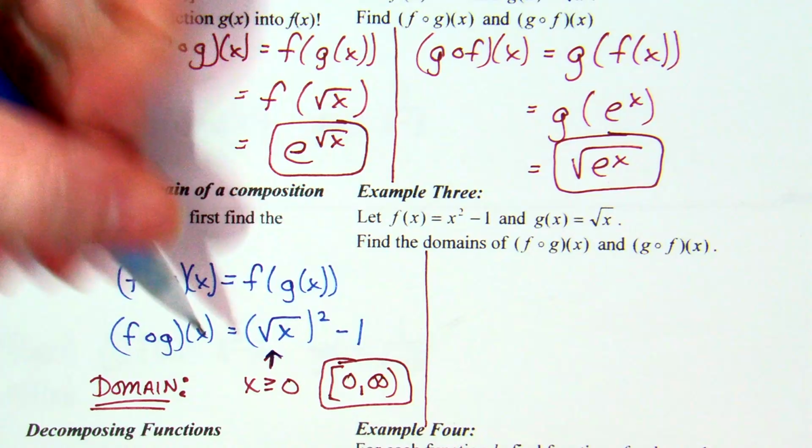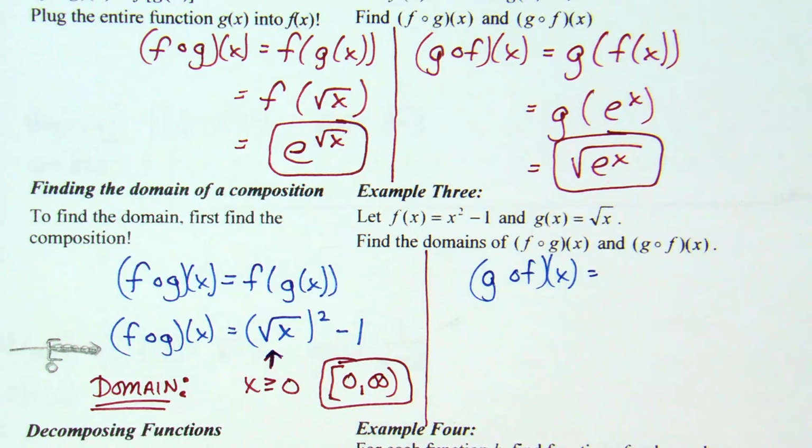Okay, let's try g of f. What does g of f mean? It's g composed with f of x, which is written as g of f of x.